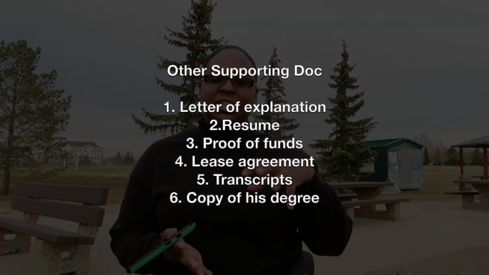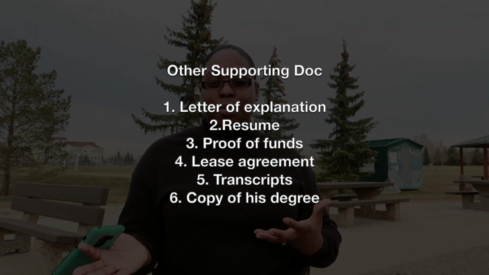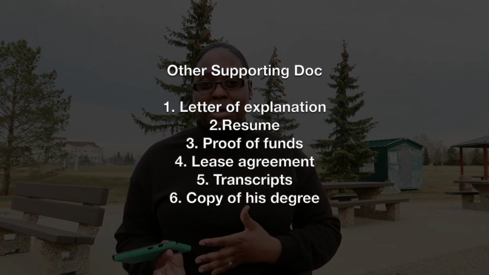Okay guys, so along with the documents and the document checklist, I'm going to be talking about additional documents that you could include with your application just to make it a little bit more solid. And this can be in the form of supporting letters or other supporting documents. I'm going to give you an example of what I did with my husband and I. When we were applying for his open work permit, we included a letter of explanation explaining why I wanted him to come here and work and stay with me in Canada.